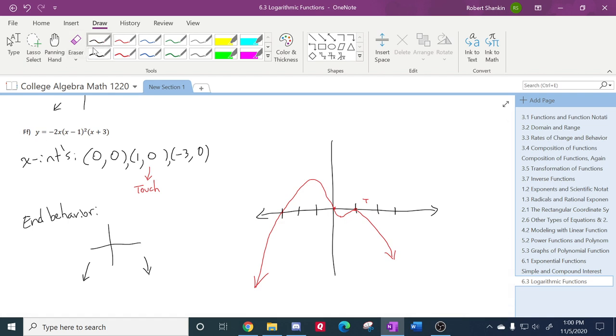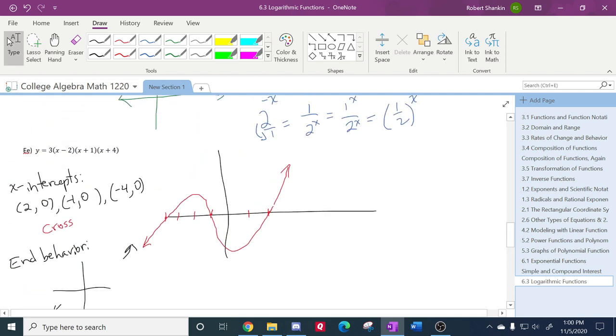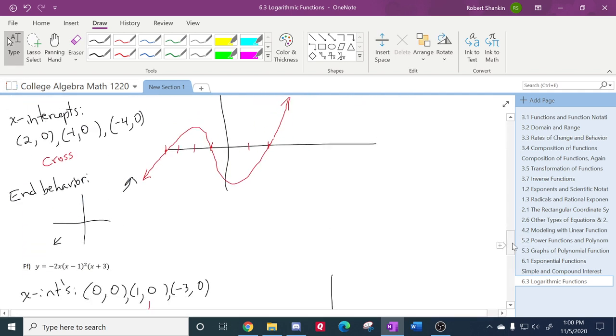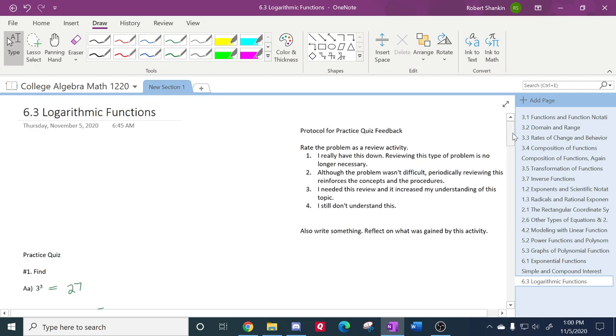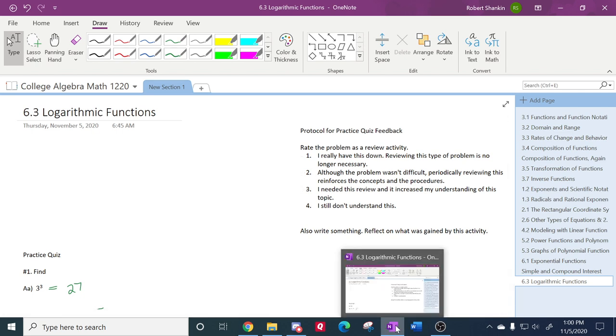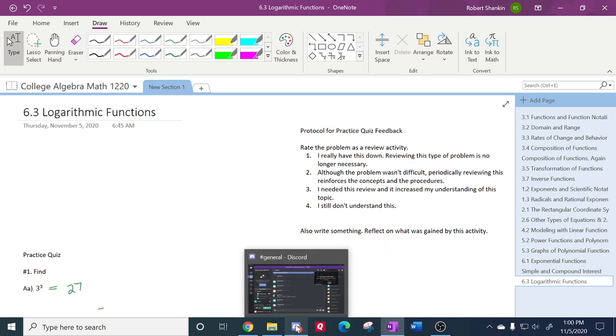All right, give me a little feedback on E and F. And again, here's the protocol. And go ahead and hit enter.